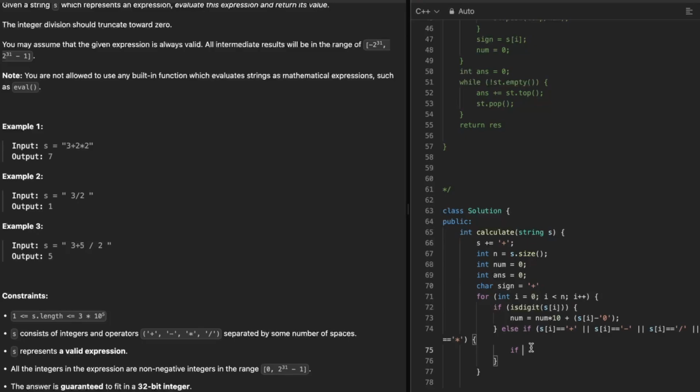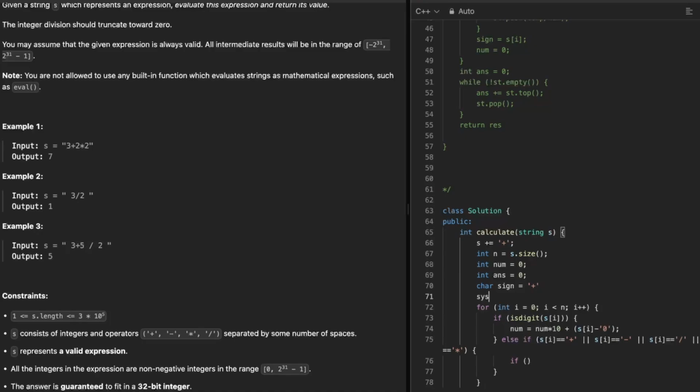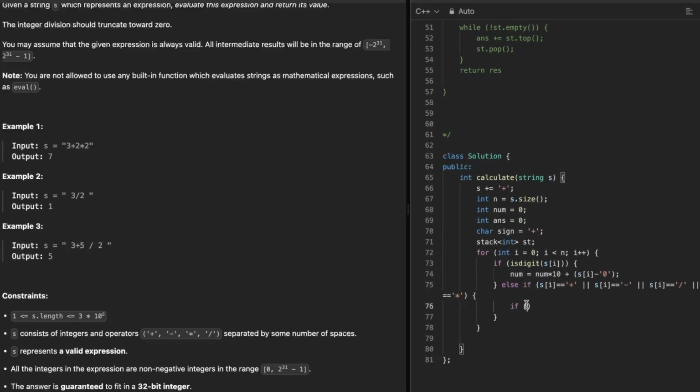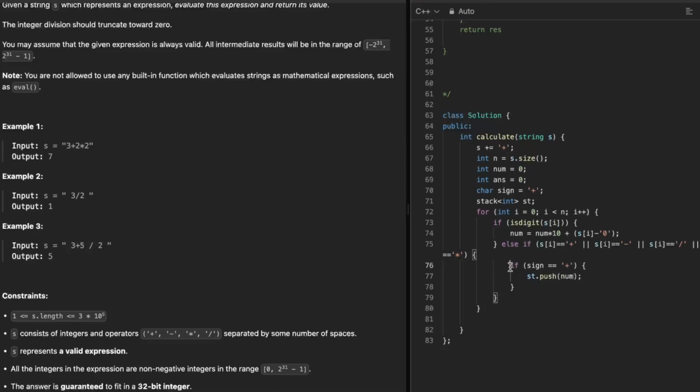So let's initialize it initially to plus. So in the first iteration, as soon as it gets a plus, it will insert the first number, and we have to take a stack also. So stack of integers st, and if sign equals plus, st.push not s of i but num, right? And if sign equals minus, then we will store minus num, and we can in fact have an else if here.